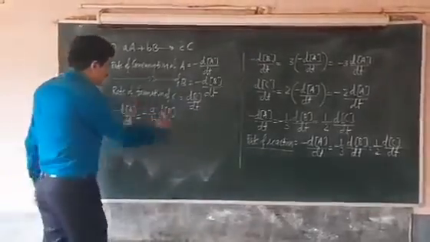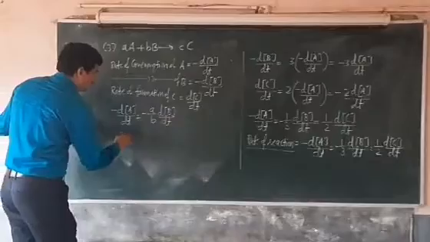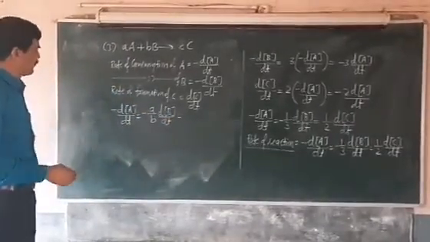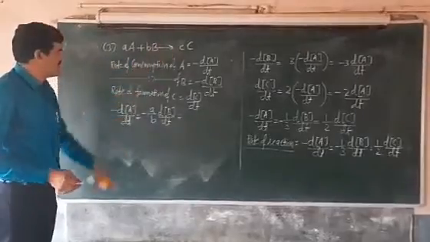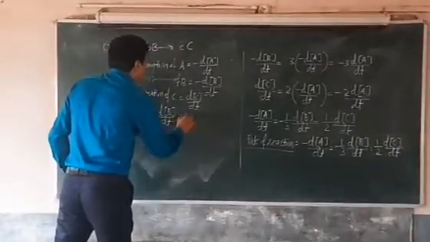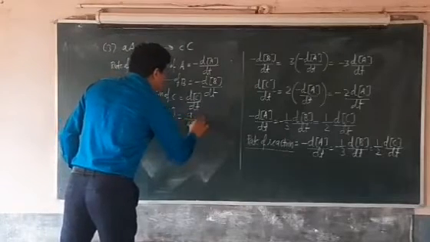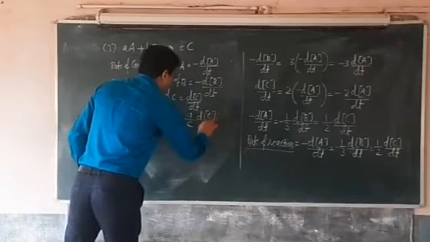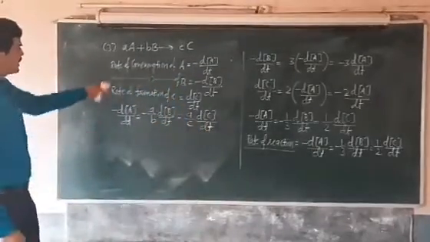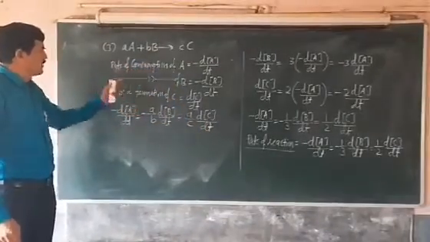In this way we have related them with each other. Further, the rate of consumption of A will be related with the rate of formation of C by the equation a by c dC by dt. So here we can relate the rate of consumption and rate of formation.